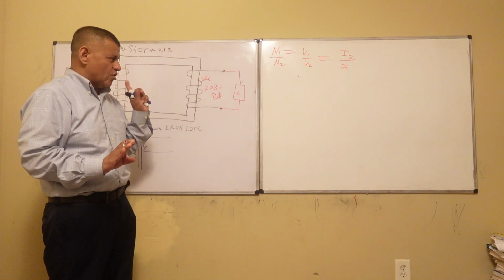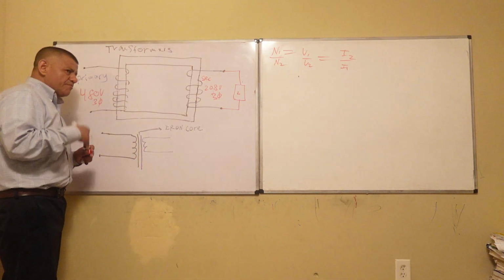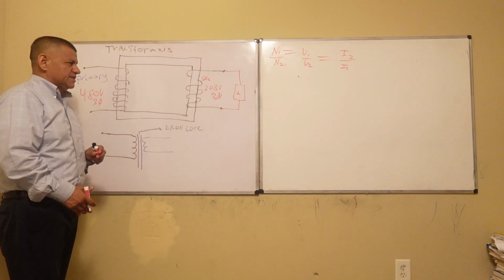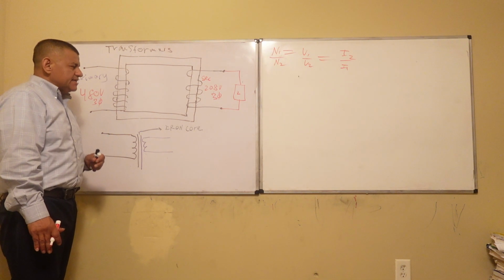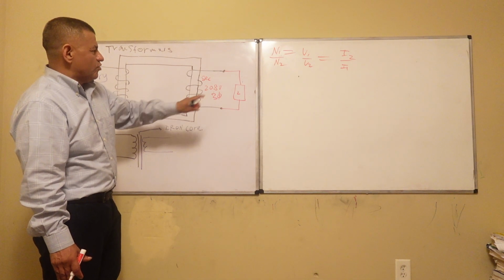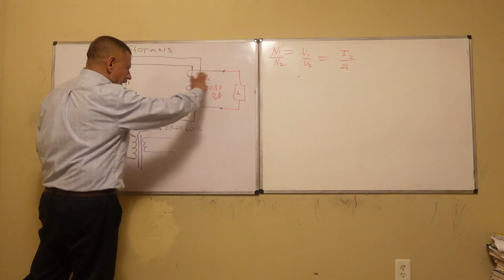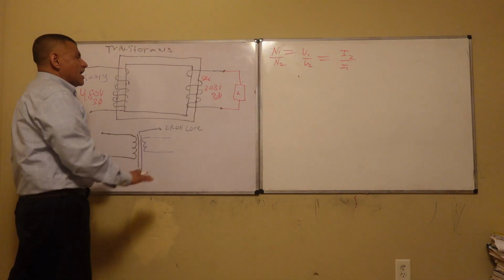Okay, now this is the thing. Let's say, for example, you do your math and you did all the receptacles in the building, and you know that on this side right here you need around 225 amps. 225 amps.